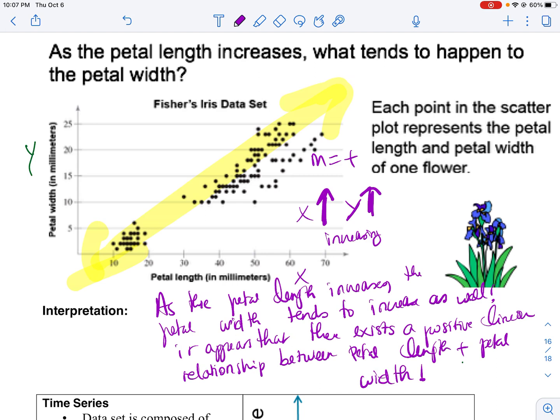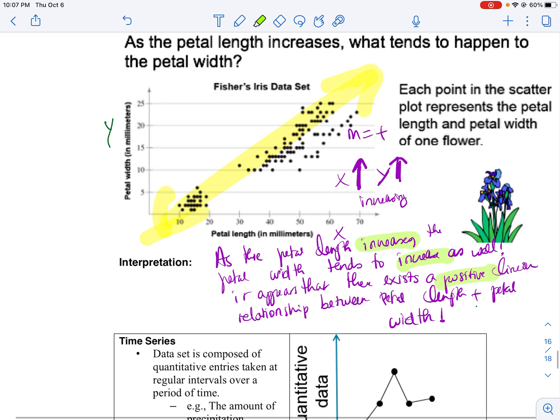That is all. There exists a positive linear relationship between petal length and petal width increase. So that's what you have here.